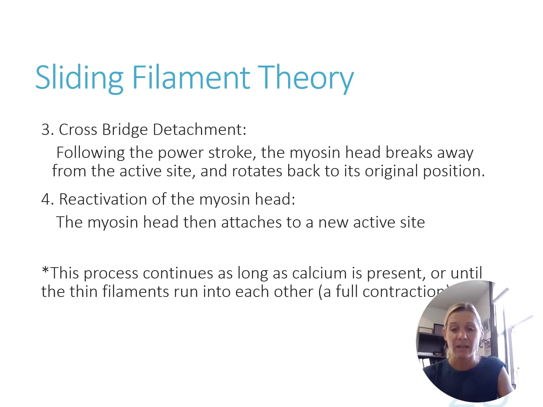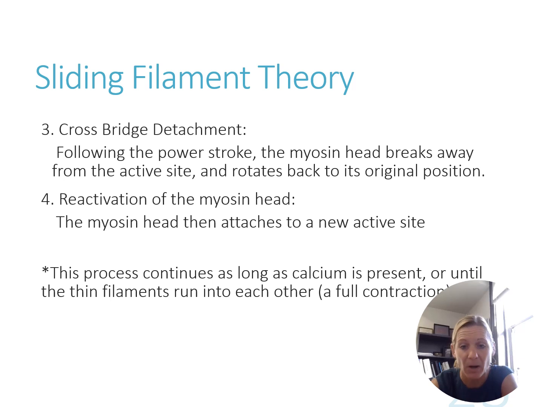Okay, I'm going to back up so you can see this a little bit easier. Myosin binds to the actin, it pulls the actin forward, it detaches, it gets ready to bind again, it pulls forward, it detaches, it gets ready to bind again, it pulls forward. So we're just sliding those thin filaments in as the myosin grabs hold and pulls that actin forward.